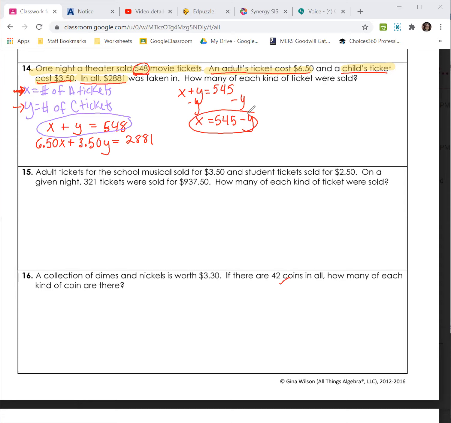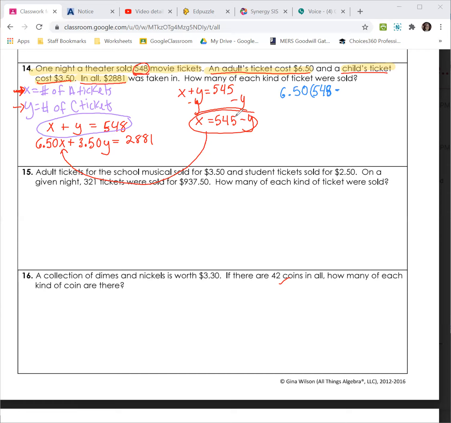Okay, so now I can take that and substitute that into my equation. Let's substitute this part into your equation. So I'm going to end up, let's get a different color because I feel like we got a lot of red on this page going on. So I'm going to take 6.50 times, instead of X, it's going to be 548.